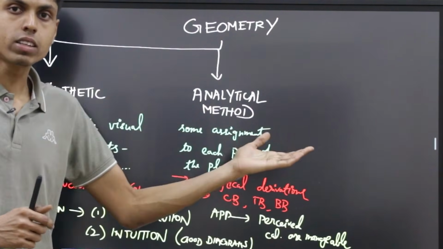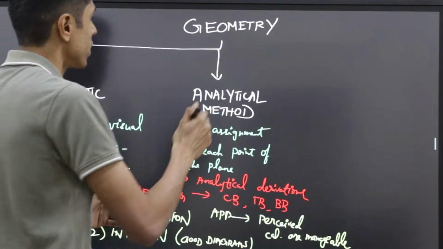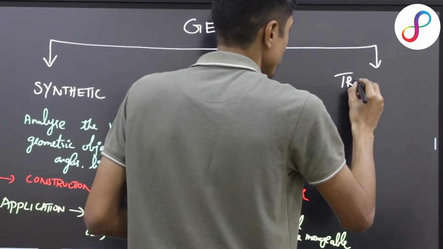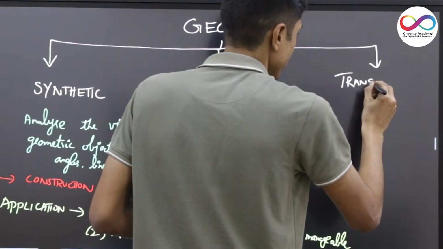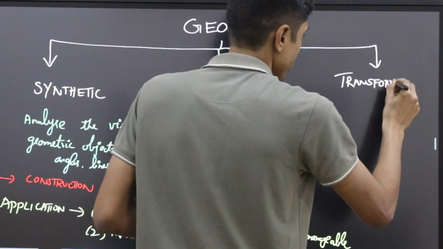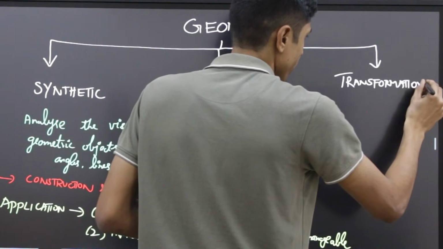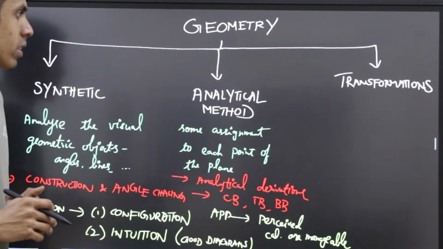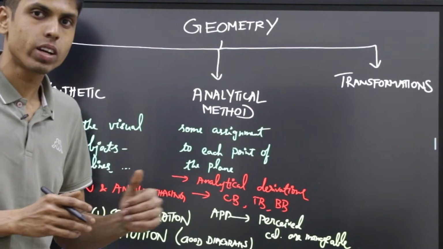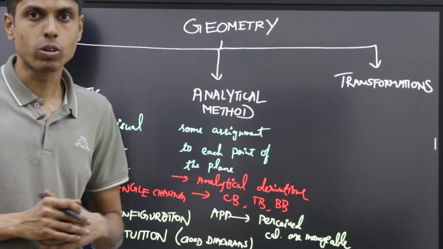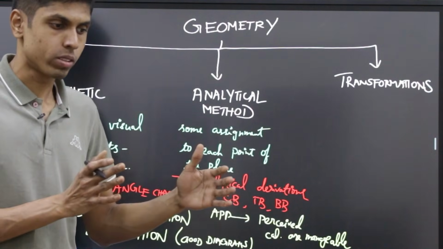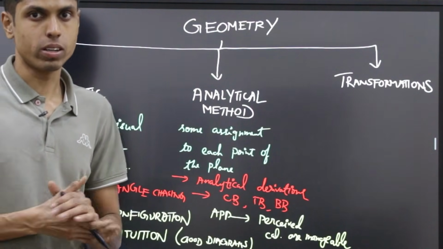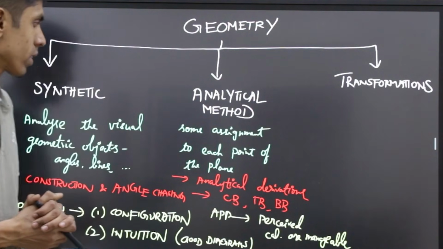Let's get to the third method of solving geometry problems: transformational geometry. This one is kind of not very intuitive and not taught at early levels of our Math Olympiad program, and even in your school curriculum it's not taught for lower grade kids.